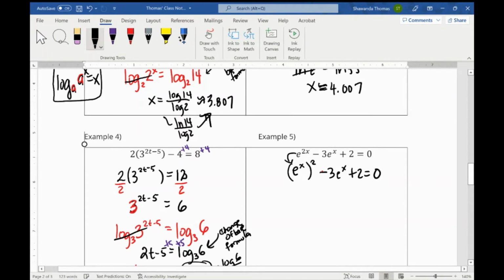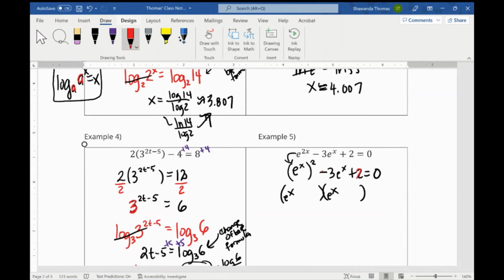So it's a trinomial. We can factor this as e to the x times e to the x will give us that e to the 2x. What are factors of 2 that will add up to negative 3? If you said negative 2 and negative 1, then you are correct, because negative 2 plus negative 1 is negative 3.